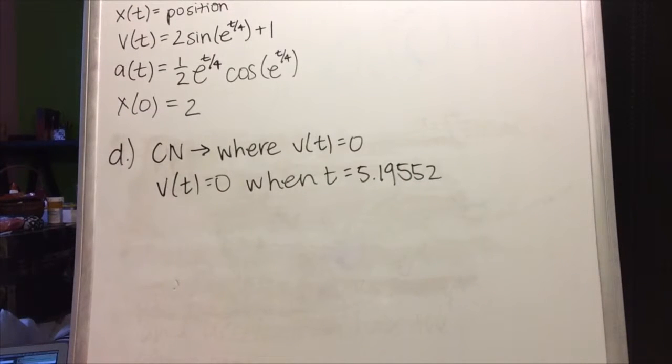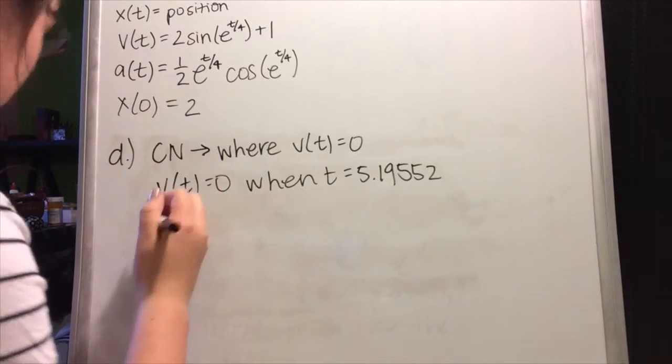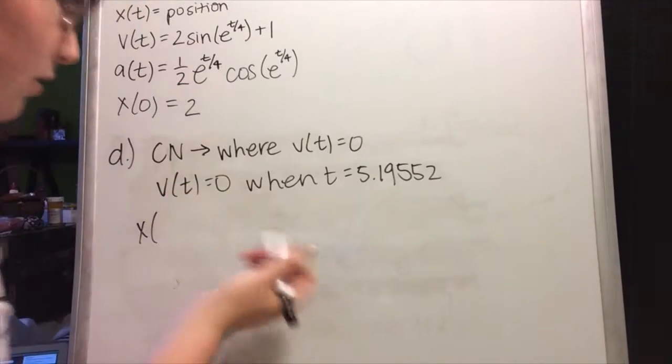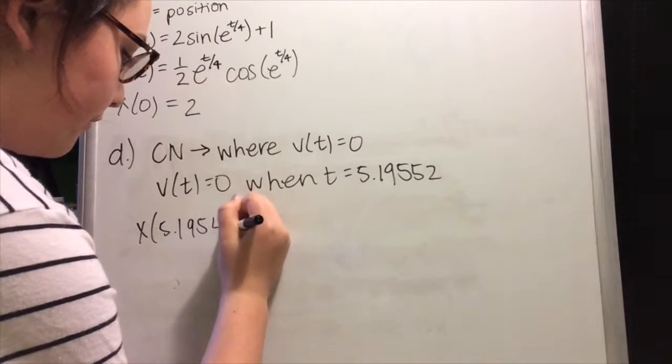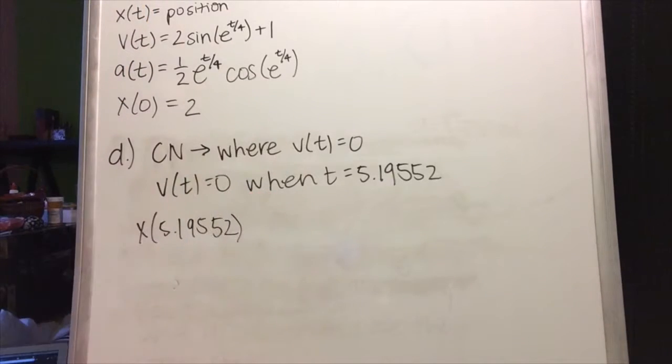So then the way to find the position at that time is you're going to take x of this value, 5.19552, and again, there will be a more exact answer later on in the calculator.